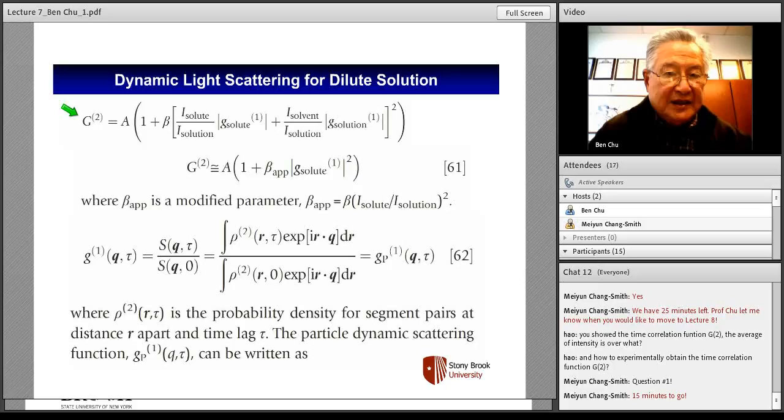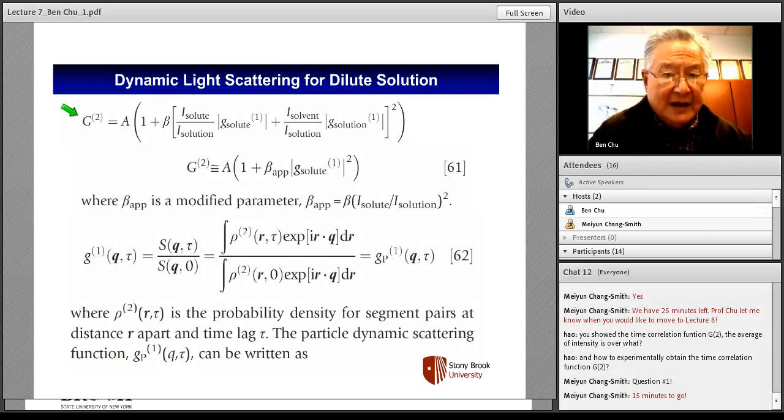But in a dilute solution, because of the difference in the scattering of the solute and the solvent, one moves faster, which you cannot see in dynamics, and the other is the solute, which you can see. So in this case, this term will look like this. Then you can expand it.